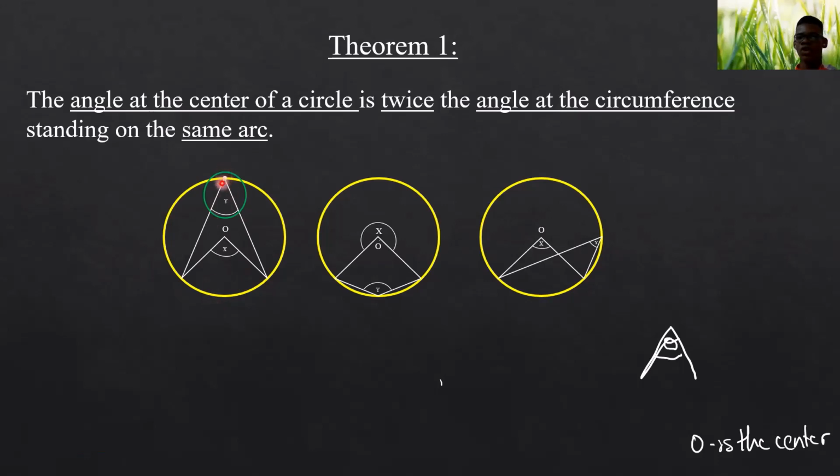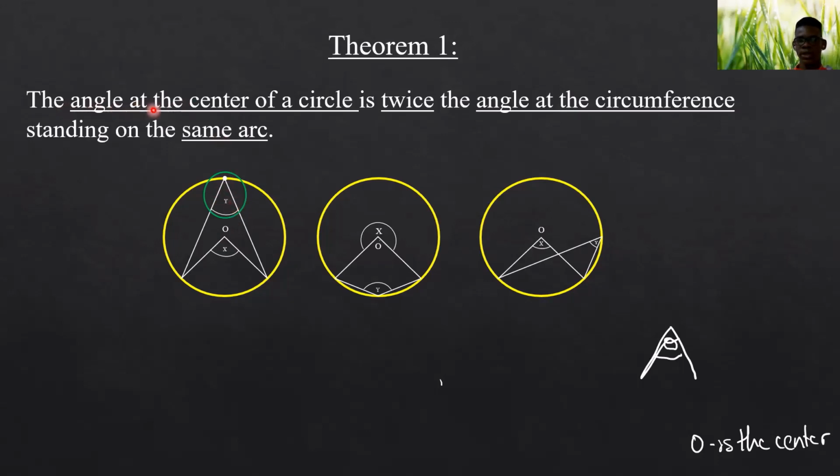It's either going to be at the circumference or the center, and be careful, not all of them are going to be at the center. So from now going forward, always check to see where your angle is. If it's on the circumference, of course, our theorems will apply accordingly. Good. So 1 angle at the center, 1 angle at the circumference, and this one is labeled Y.